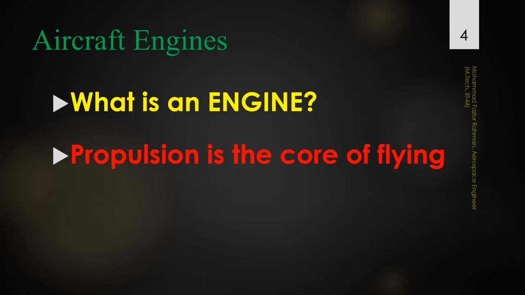An engine should give a good amount of thrust but at the same time have a small weight. If an engine gives a huge thrust but itself has a huge weight, that reduces its usability in aerospace vehicles.